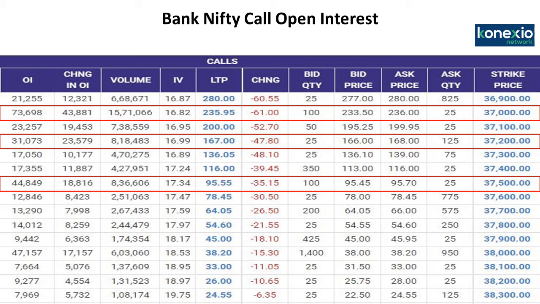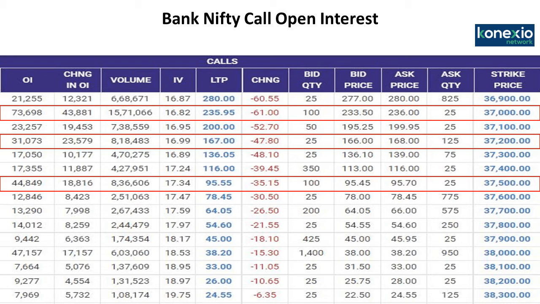In Bank Nifty, you can clearly see that there has been a rise in the change in open interest, as well as the percentage change has been significant. You can see, and the IVs are also significantly higher in these Bank Nifty out of the money call options. So here it is clearly a strong indication that there has been strong writing of the out of the money calls in Bank Nifty.